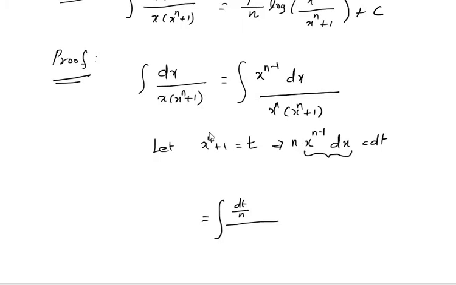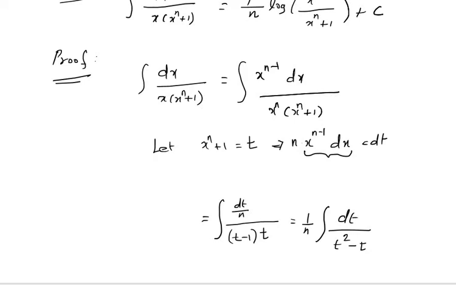Therefore, x power n is nothing but t minus 1, and x power n plus 1 is nothing but t. Now how can I write this? 1 by n integral of dt by this. If I multiply, I get t square minus t.